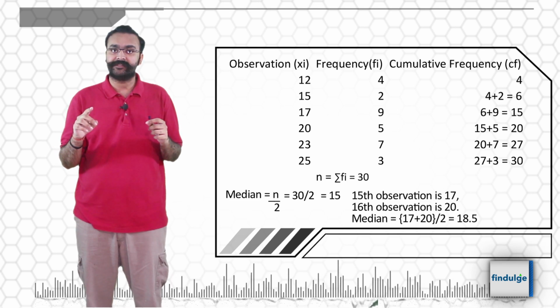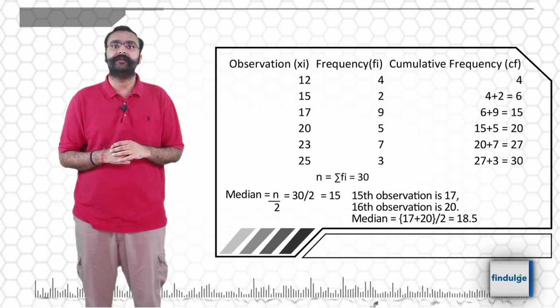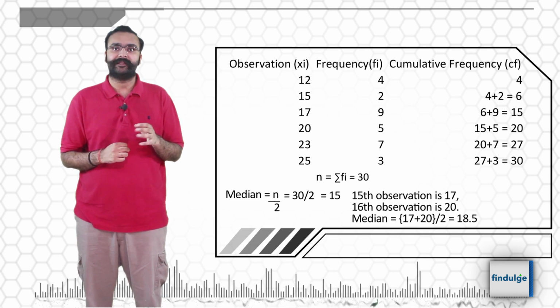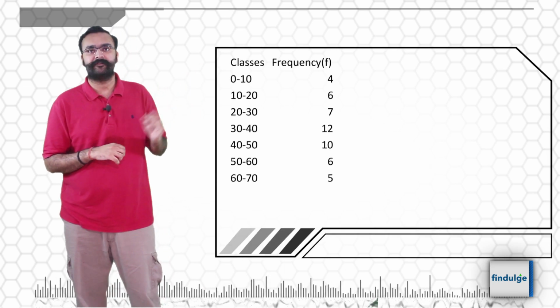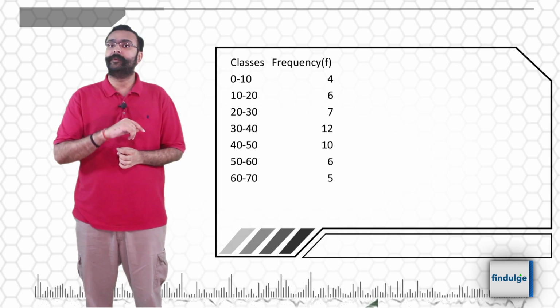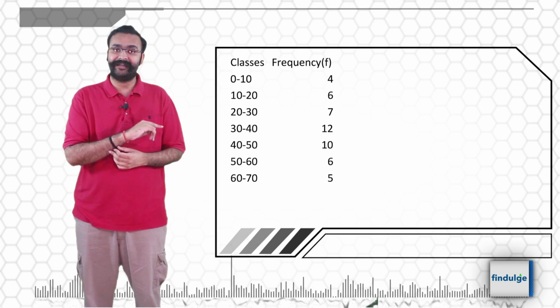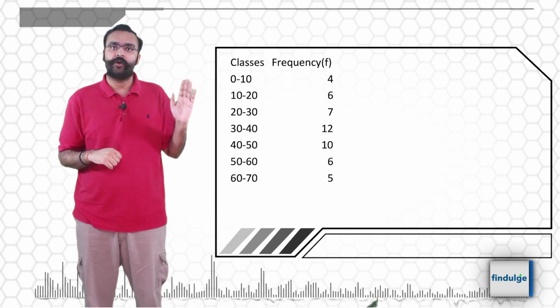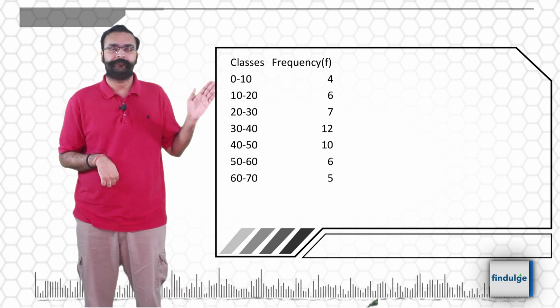Using cumulative frequency, we will also find the median of our continuous table, and we'll look at that right now. For continuous data, we have our classes, and we have the frequency of each class. Like cumulative frequency of discrete data, we will create cumulative frequency of continuous data.